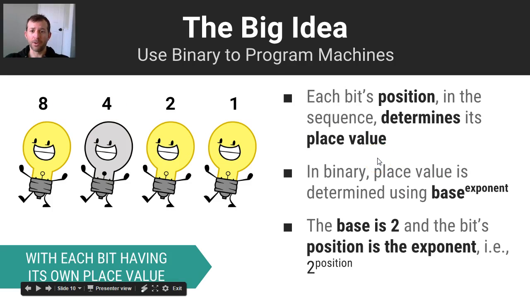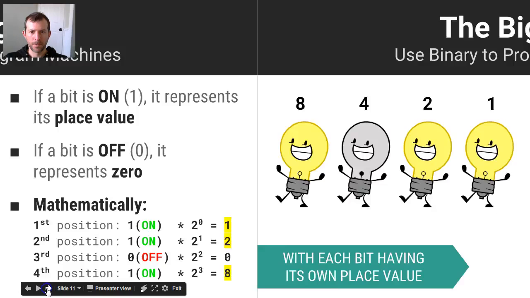Remember, when you're determining position, this is the 0 position, the 1 position, the 2 position, the 3 position. Therefore, the place values in binary look something more like this: a 1, a 2, a 4, and an 8, because 2 to the 0 is 1, 2 to the 1 is 2, 2 to the 2 is 4, and 2 to the 3 is 8.